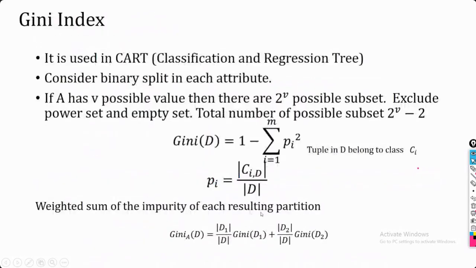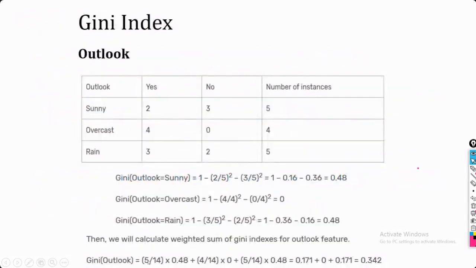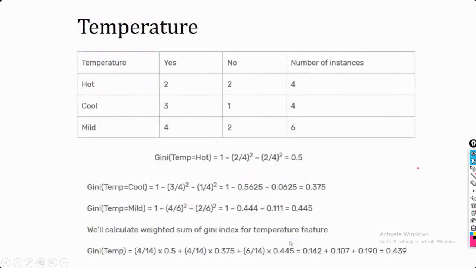Just like here, out of 14, 5 was part of this side, out of 14, 4 was part of this side, and out of 14, 5 was part of this side. So that's the weighted combination of all these values. What I'm getting is 0.344. So this is for your first case.